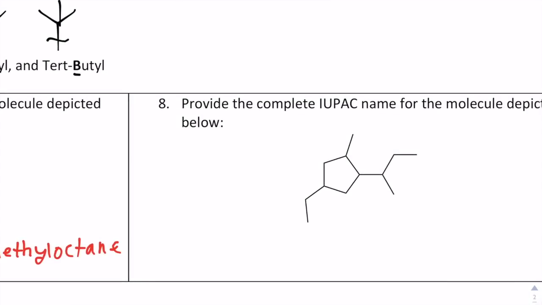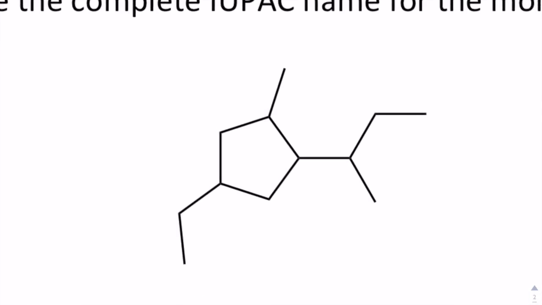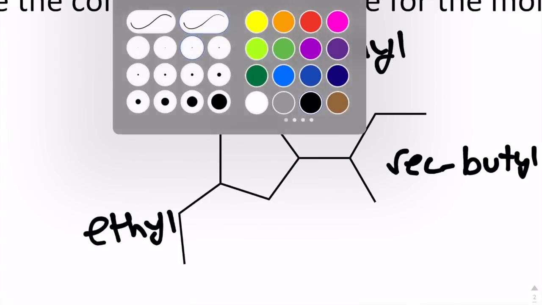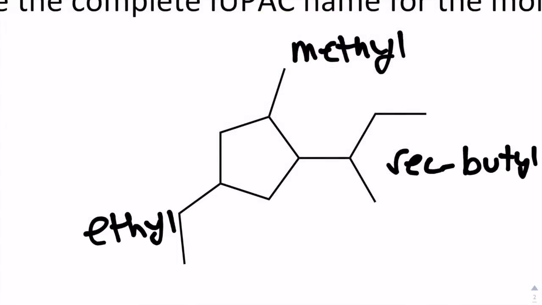All right, so finally we're going to do one more ring. So for these molecules, it might just help to write out the name of the substituent first. So we have a methyl group, we have a sec-butyl group, and then we have an ethyl group. So again, all these rules apply. So I want to number it so that I have my substituents with the collective lowest numbers.